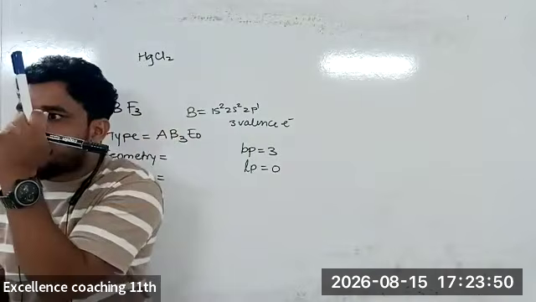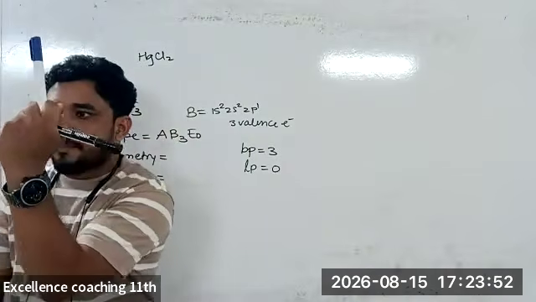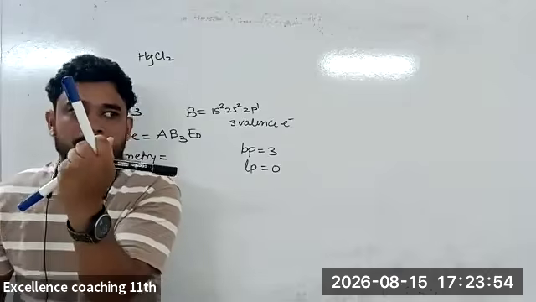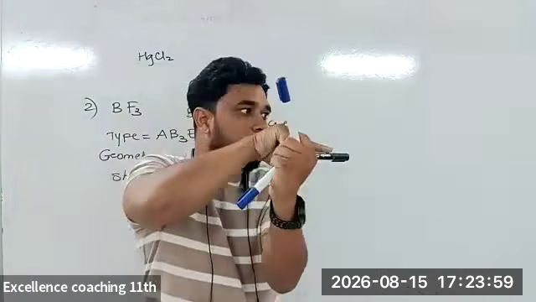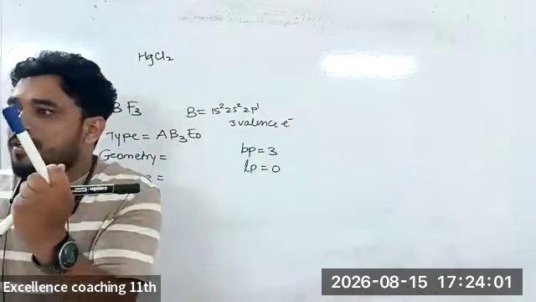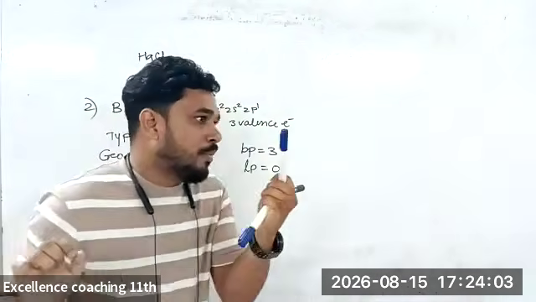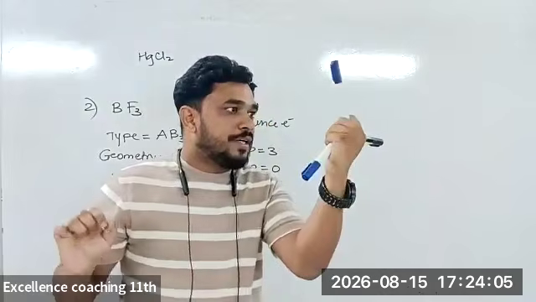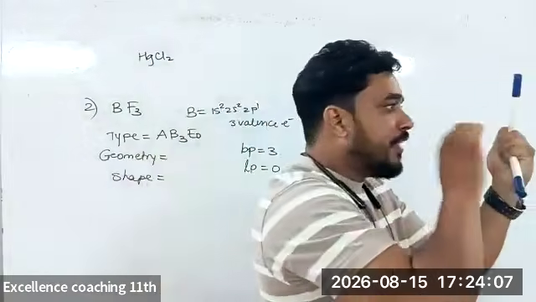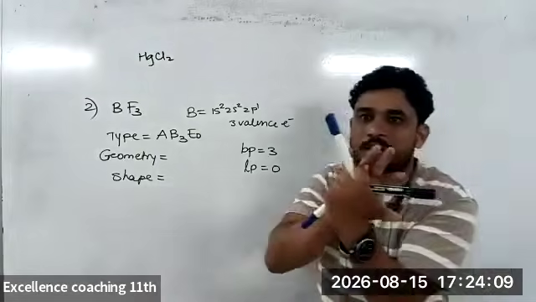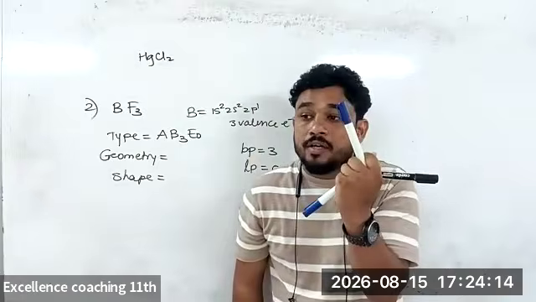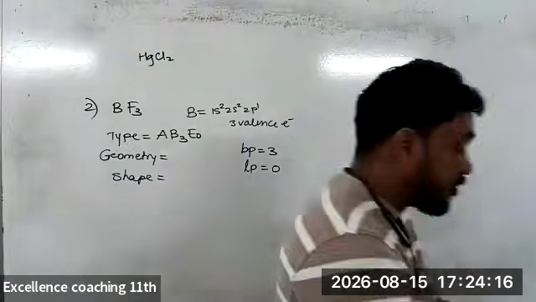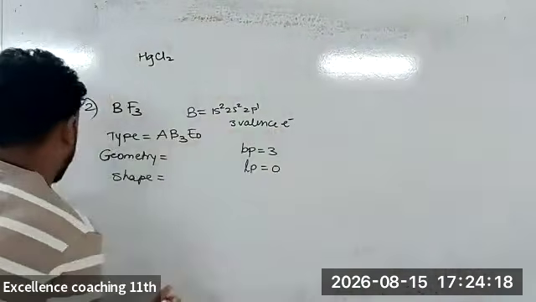It will be 120, 120 and 120. Total will be 360. This is a very easy example to understand the minimum repulsion. So we can keep all 3 bond pairs at an angle of 120.